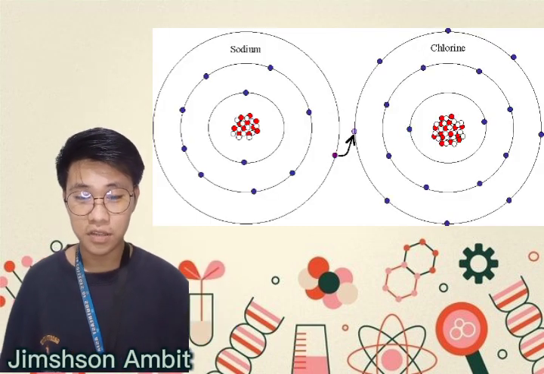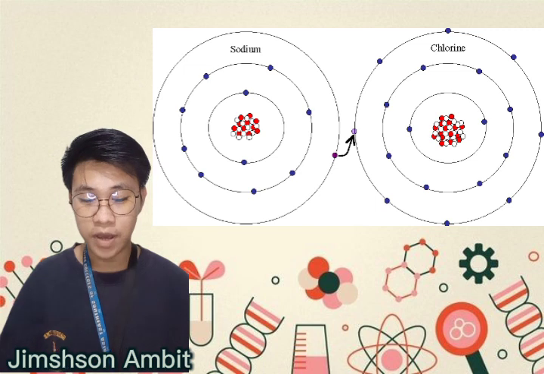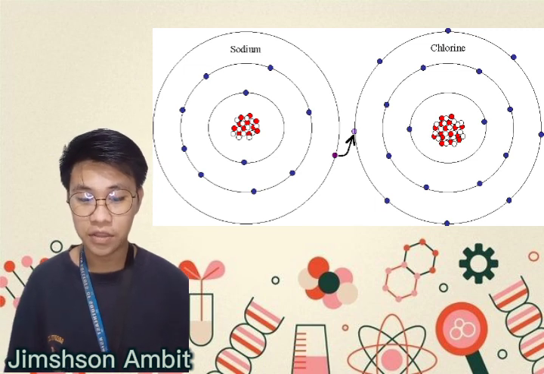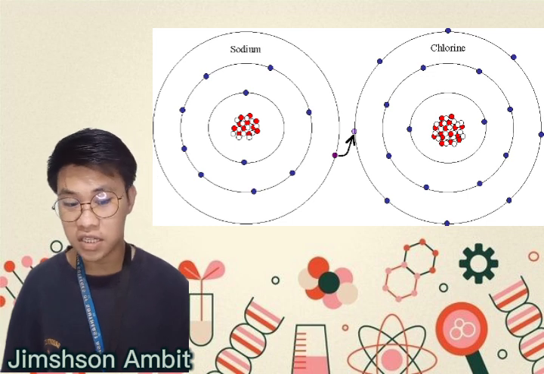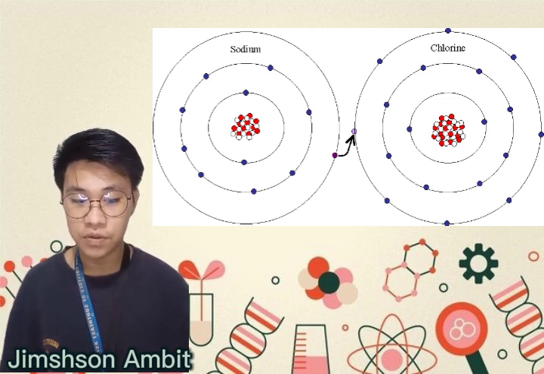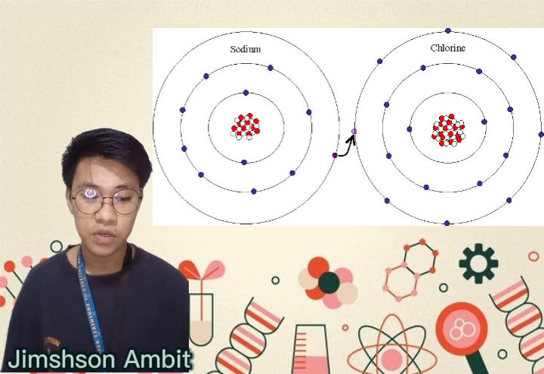For example, this image shown above shows that the sodium atom, Na, has lost its valence electron to the chlorine atom.